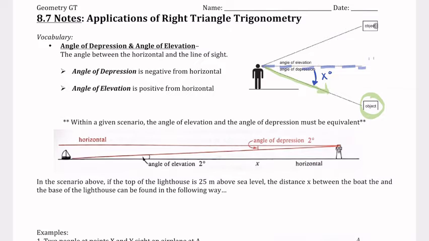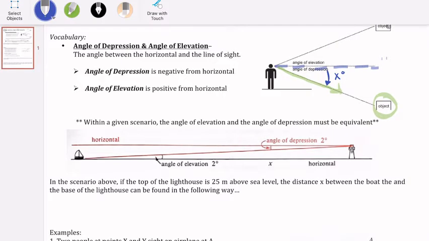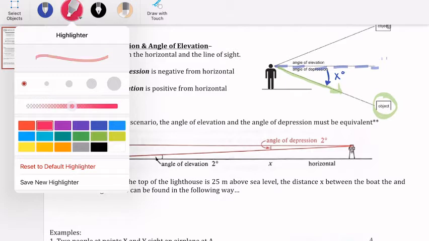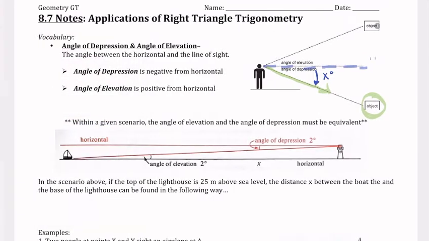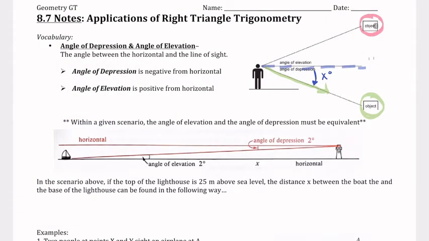Okay, so we refer to that as being negative from horizontal, not a negative angle, just a negative motion because you're looking down. Angle of elevation is positive from the horizontal because you are looking up. So again, same person, they are looking out horizontally, and then they turn their line of sight upward towards an object above them.